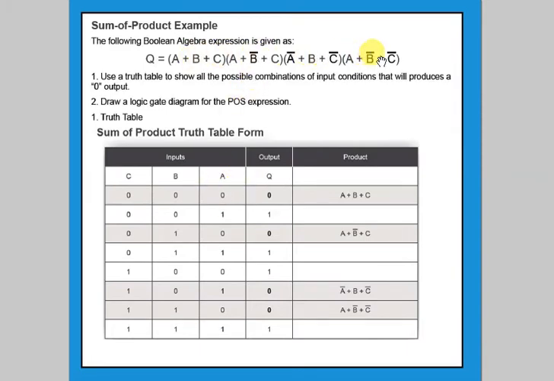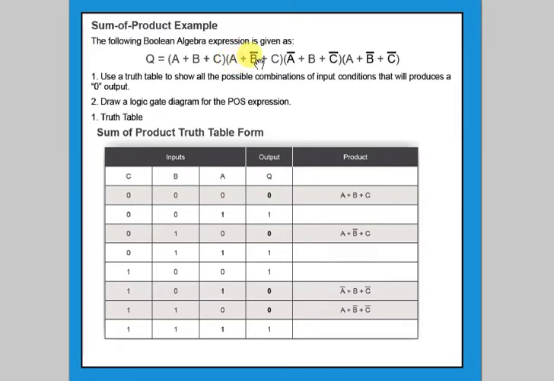So again, now put 0 0 1. A is 1, B and C is 0, so this is 1. Now in this case A is 1, B is 0, and the 0 complement is again 1.